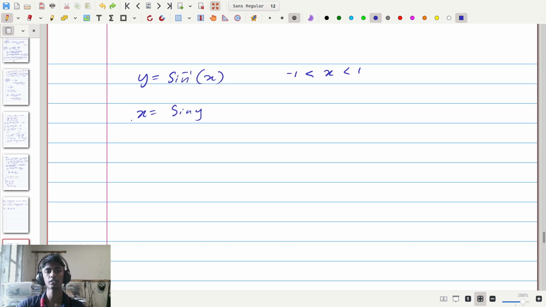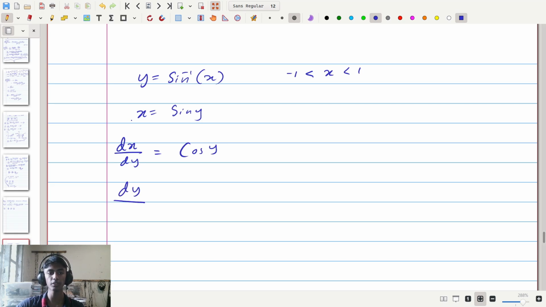Given this relationship, if we take dx by dy, we know what this is, because the derivative of sine of something is equal to cosine of that something. Since we are taking the derivative relative to y, this value is equal to the cosine of y. So now we have that dx by dy is equal to the cosine of y.